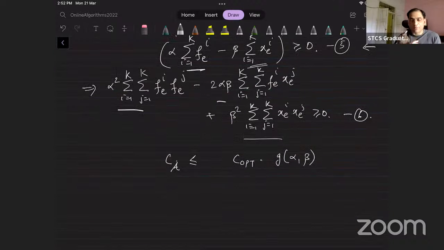That's what is going to happen using 5 and the optimality conditions. Because for our algorithm, the only property we are using is that it is locally optimal, given what we have seen already.